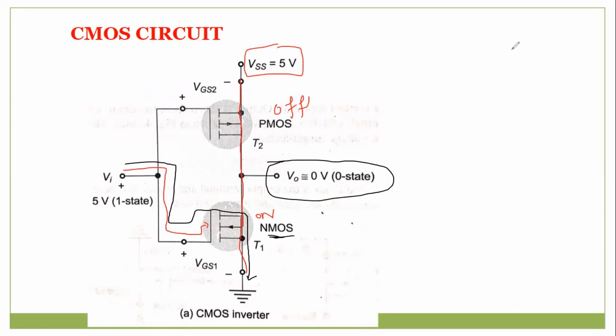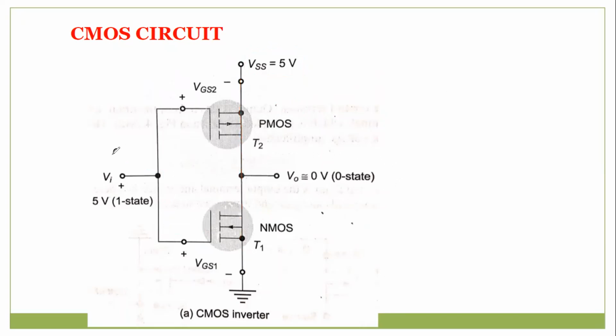Another scenario is, if I provide 0 volt, what happens? This NMOS will be in off condition, because there is no channel created between the drain and source. Whereas PMOS will become on condition.